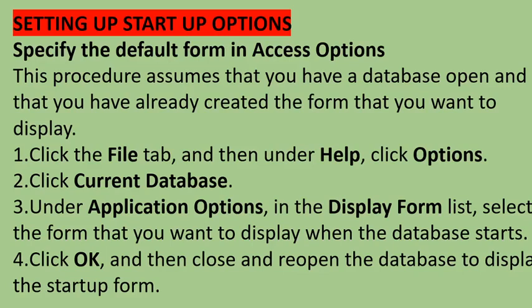Under Application Options, in the Display Form list, select the form that you want to display when the database starts, click OK, and then close and reopen the database to display the startup form. Therefore, you can practice on these. I have also done a practical session on this.